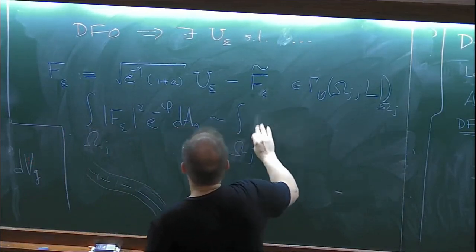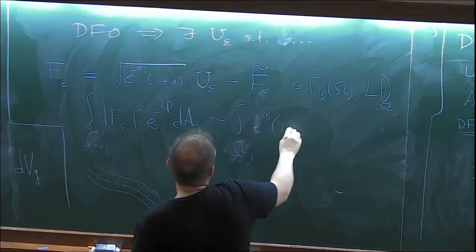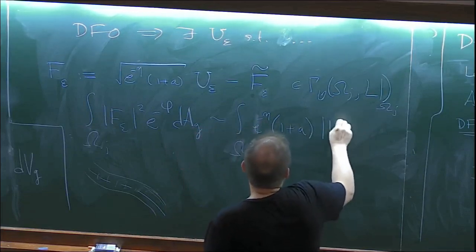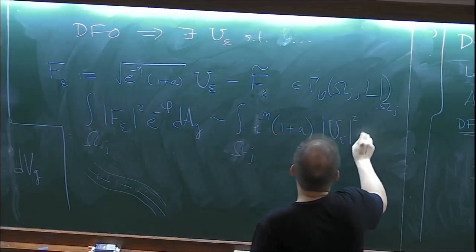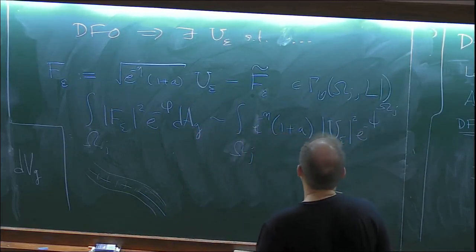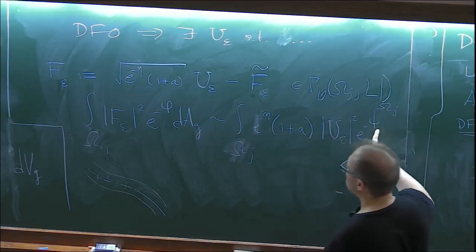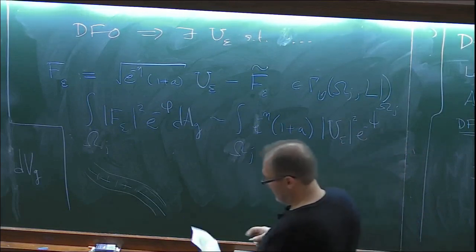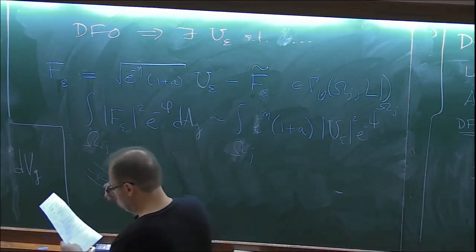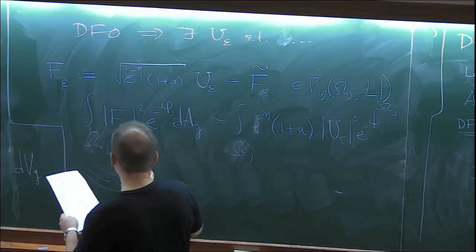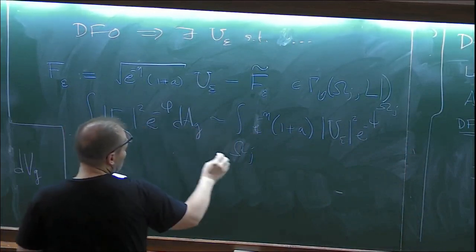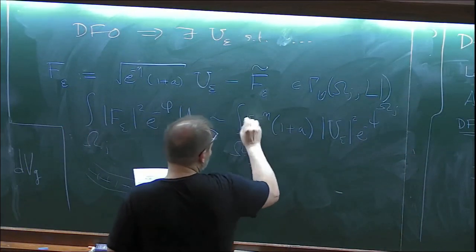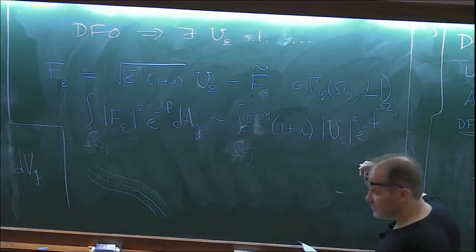So this is going to be e to the minus eta times 1 plus a u epsilon squared e to the minus psi. When I put in psi instead of phi, I have to bring back some e to the minus v, e to the v. So e to the v minus eta if I want to have this be psi. Okay.